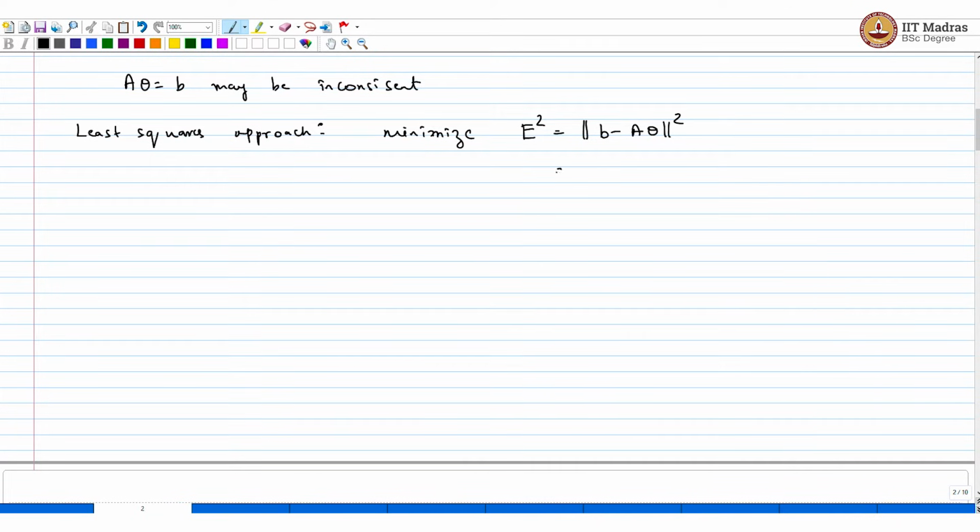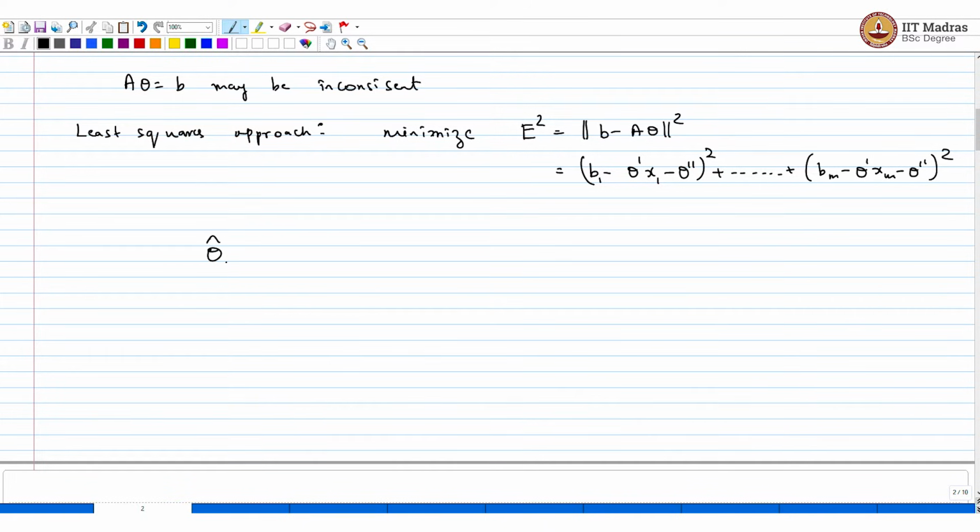Which is the same as b1 minus theta prime x1 minus theta double prime squared, plus dot dot dot, plus again until bm minus theta prime xm minus theta double prime squared.